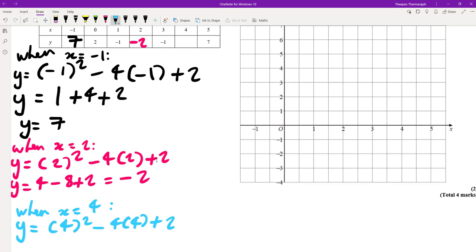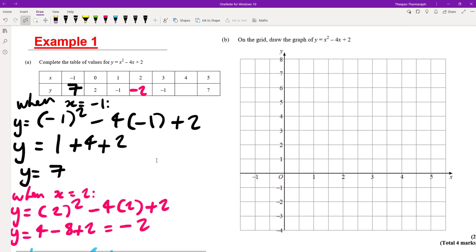So we can say, well, 4 squared is 16, 4 times 4 is 16, and we get 2. 16 minus 16 is 0, and we just end up with 2. So the last value we get on the values that need to be worked out is 2.